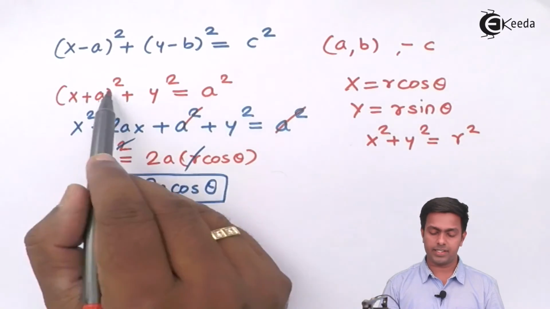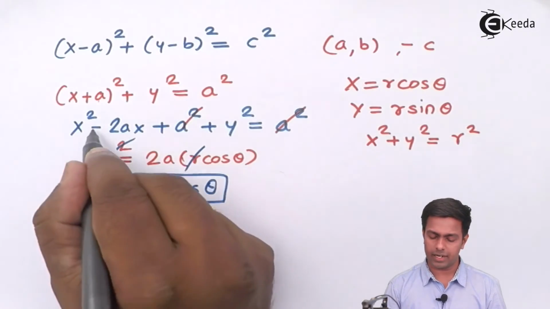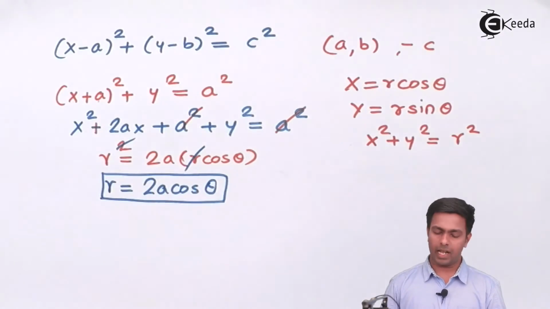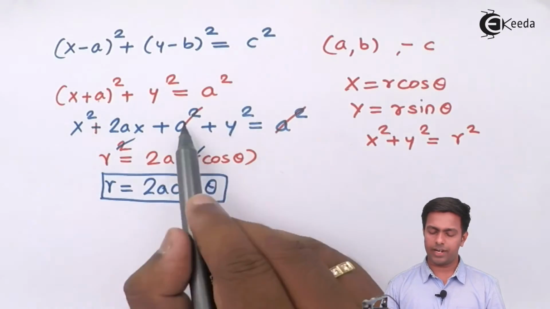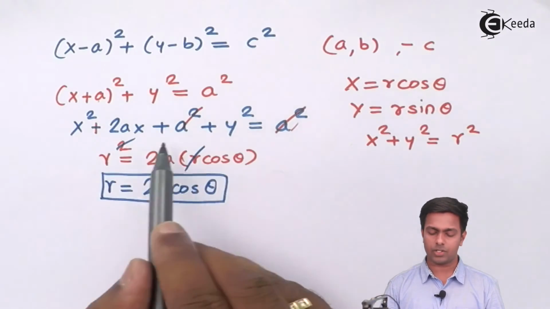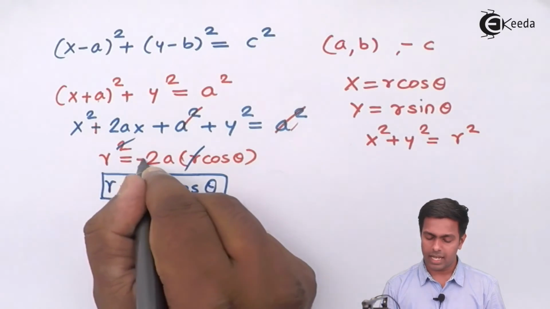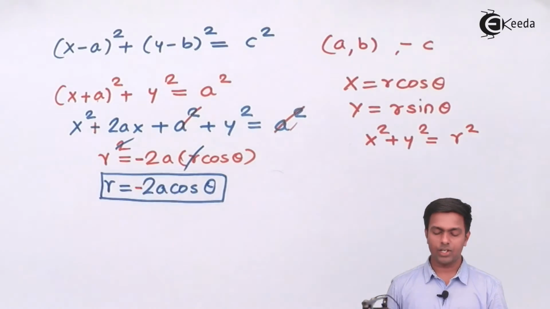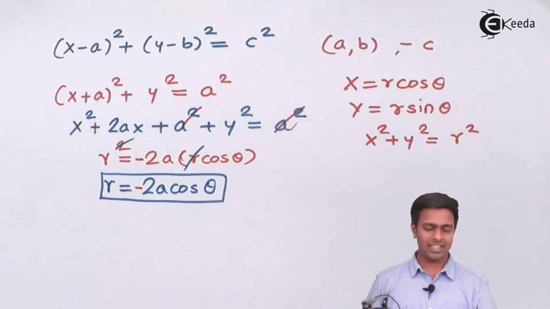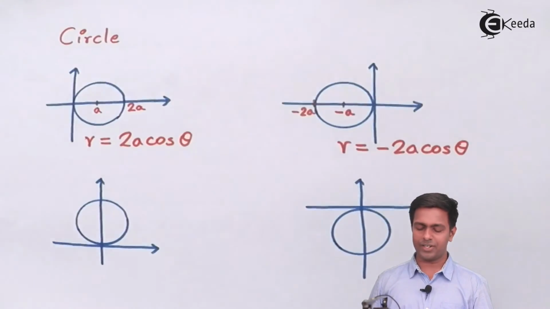If I expand this, same expansion, here I get a plus sign, and the a square cancels, x square plus y square is r square, and if I send this 2x to the right hand side, it becomes negative 2x, and that is why we get a negative sign. So the equation is r equal to minus 2a cos theta, and the same equation I've written here.